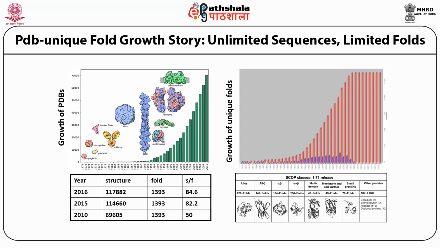In the table, we show that in the year 2010, for the 70,000 structures, there existed 1,393 folds. In the year 2015, for the 114,000 and odd structures, there was the same number of folds, 1,393. And as recently as 2016, there have been 117,000 or more structures with the same number of folds.